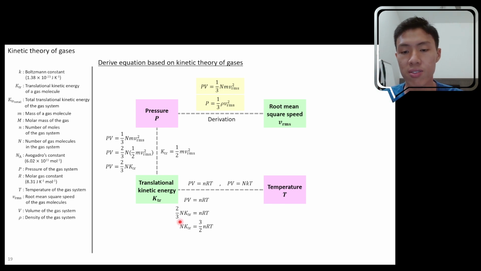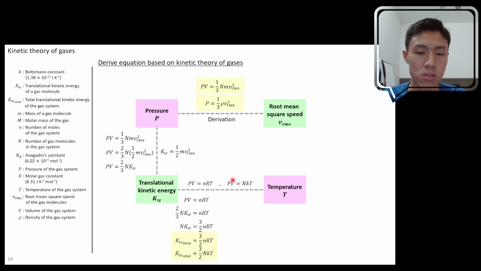Let's imagine you have 10 molecules in the system, each molecule has 1 joule of kinetic energy. So 10 multiplied by 1, you get 10 joules that represent the kinetic energy of the whole gas system. So we can replace this N KTR with KTR total. Because of that, KTR total is equal to 3 over 2 nRT. And because we know that nRT is equal to PV, and PV is equal to NkT, we can replace nRT with NkT as well. So you have your equation for the total translational kinetic energy of the gas system.